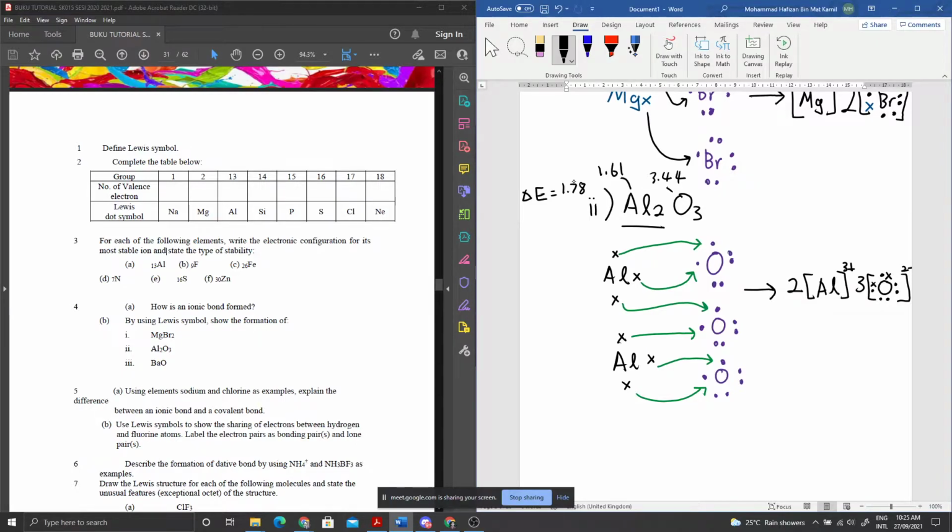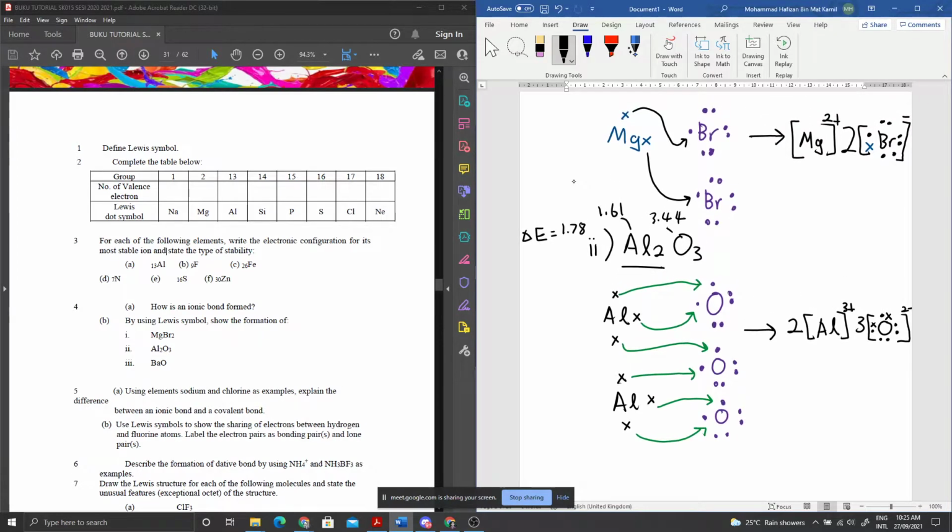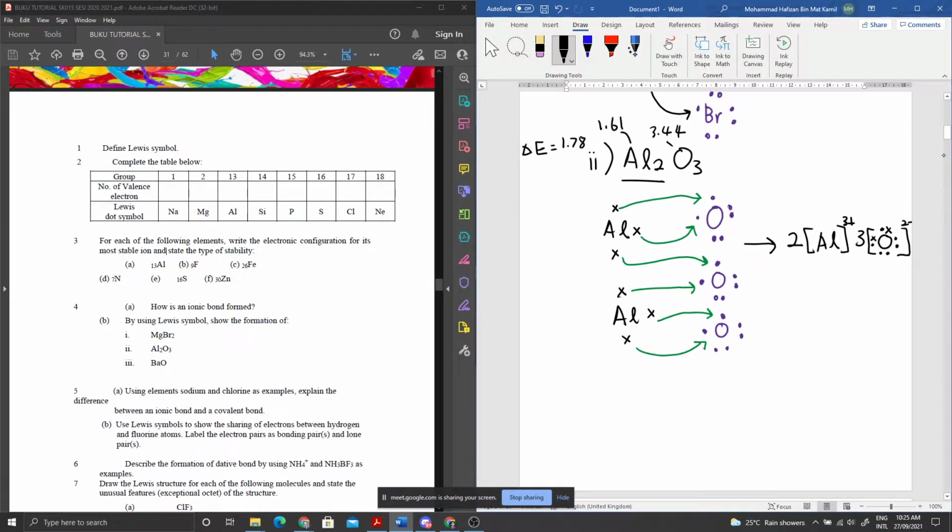Aluminium oxide is quite special, because if you look at the one above, for magnesium, we have one, so we have two. It makes sense, one electron each comes from magnesium. For aluminium we have two, because even though they come from just two aluminium.